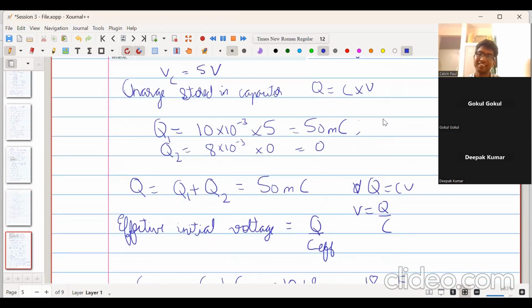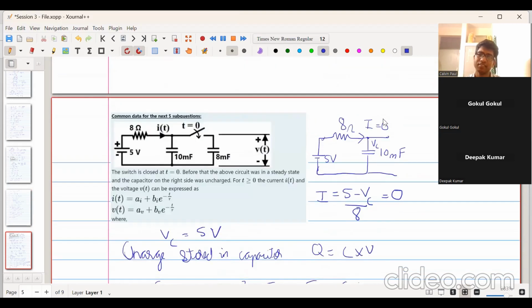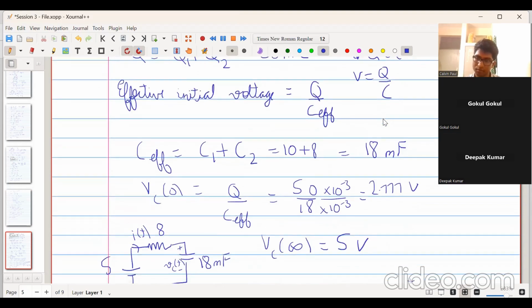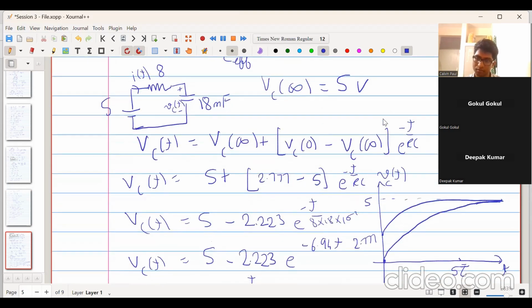Sir, I have a doubt. If the capacitor was charged at 2 volt, then the final steady state voltage is 5 volt.